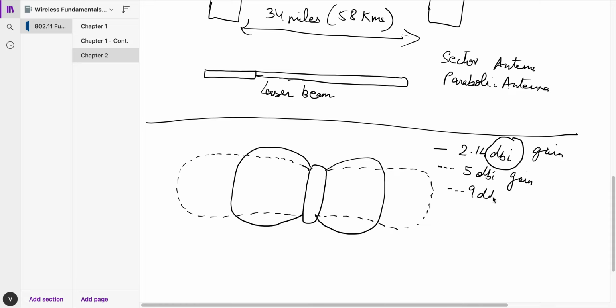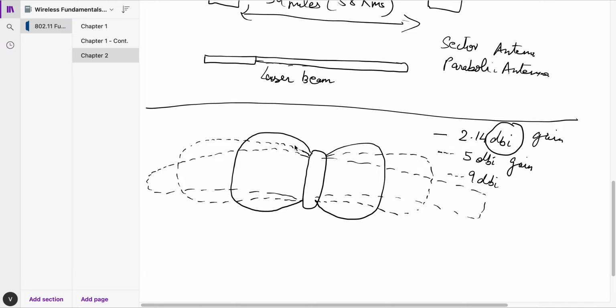Okay, 9 dBi antenna gain. It becomes even flatter. So it is going even further away horizontally, so we can cover a larger distance in the corridor, but vertically the range further decreases. Okay, so you need to keep this in mind when you design a Wi-Fi network.